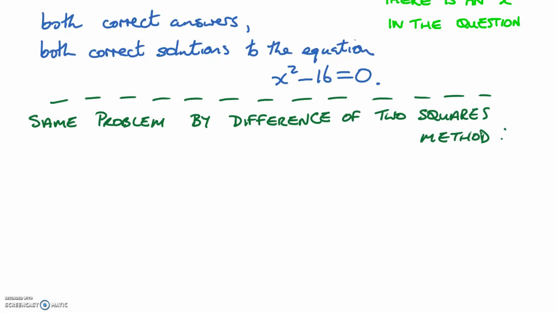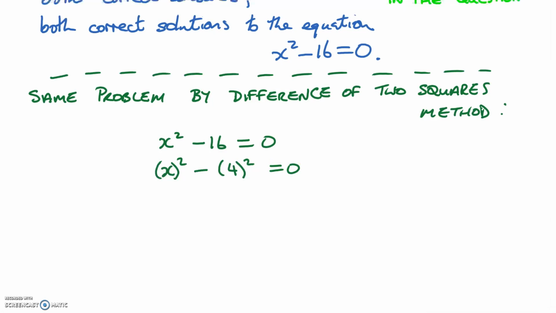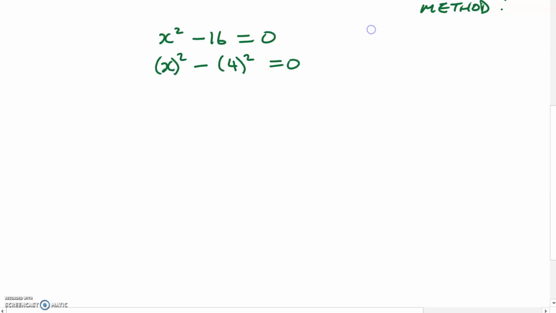Okay, so it's going to be x squared minus 16 equals 0. Now, the difference of two squares method is where you write each of these as something squared. So that's going to be x squared minus 4 squared equals 0. And then we have the little formula that we produced before.